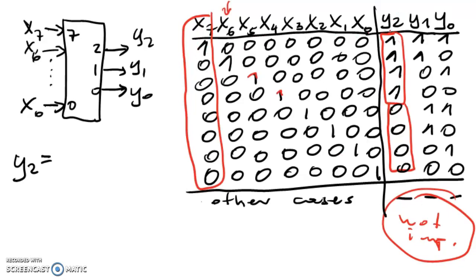So in order to get 1, 1, 1, 1 in the first 4 rows, you simply add these variables. If you add these 4 columns, you get 1, 1, 1, 1, because there are ones here, and zeros in the remaining positions. That's exactly y2.